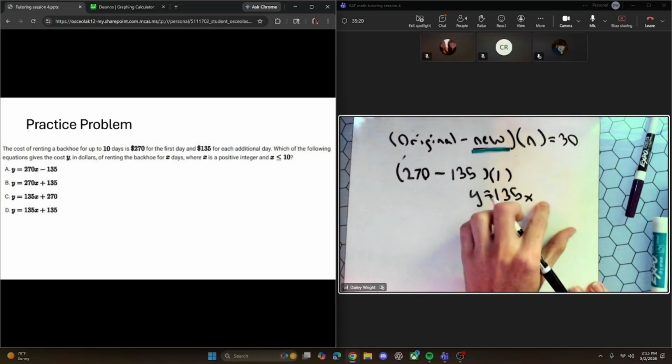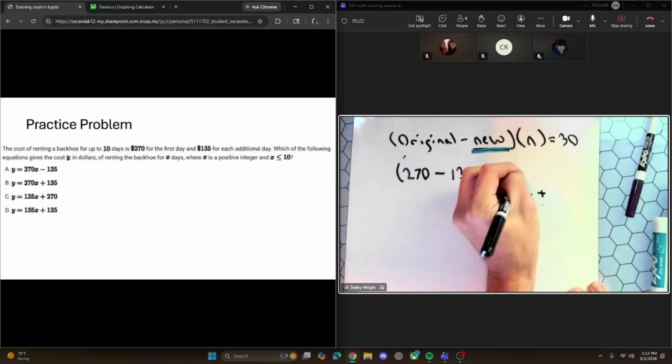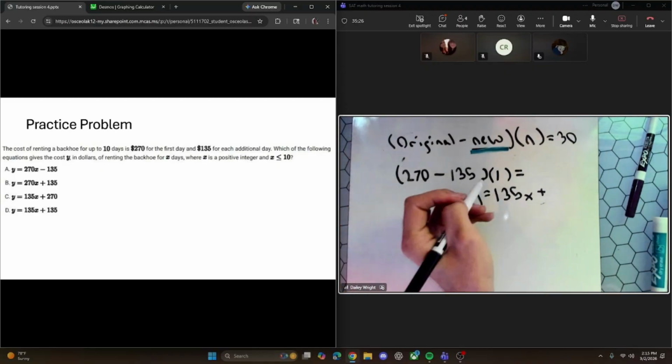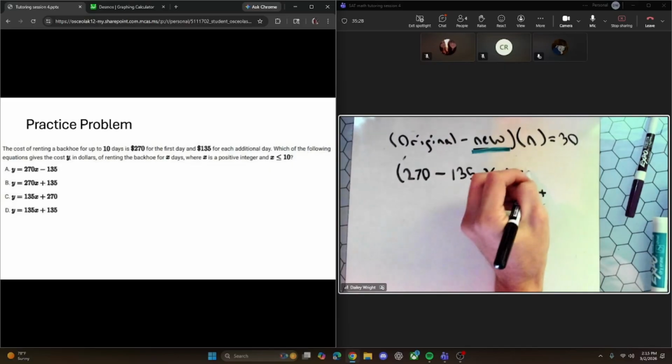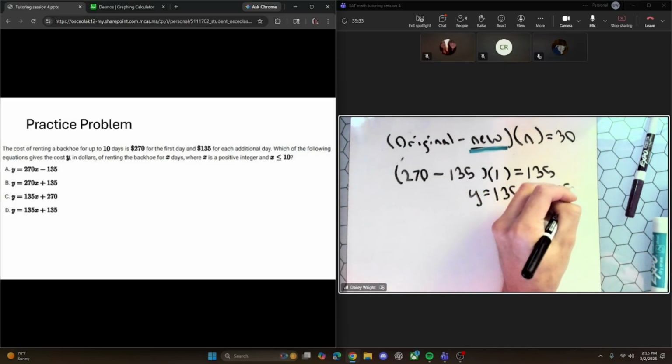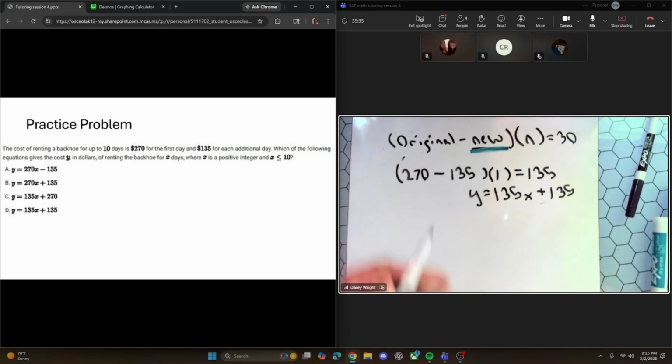And then your constant at the end is going to be whatever this equals. And 270 minus 135 times 1 is just 135. And which answer choice matches up with that? It's going to be D, it looks like.